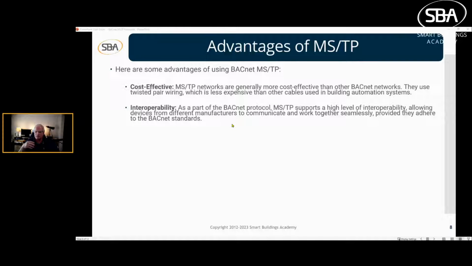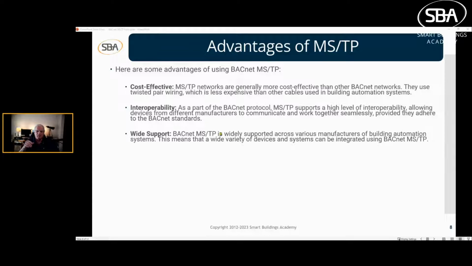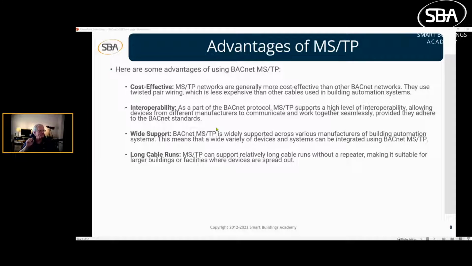It's very detailed, and ASHRAE 135 also covers BACnet requirements. MSTP is widely supported across various manufacturers of building automation systems. This means that a wide variety of devices and systems can be integrated using BACnet over MSTP.